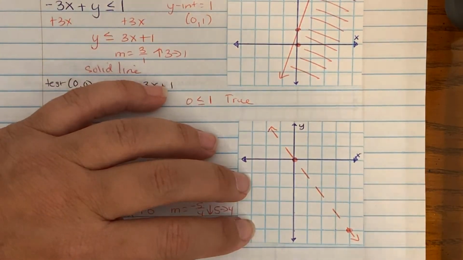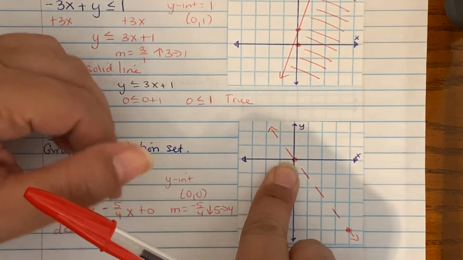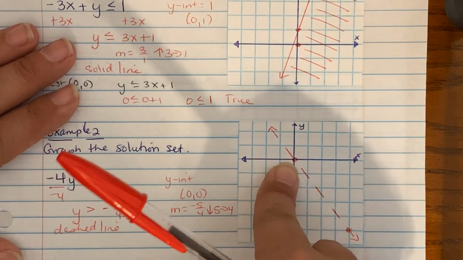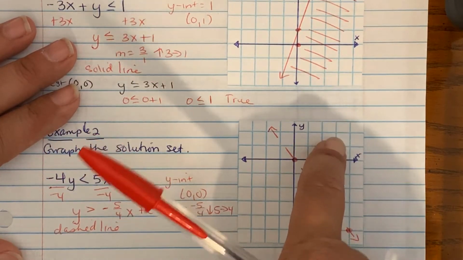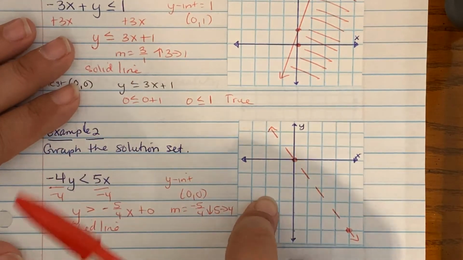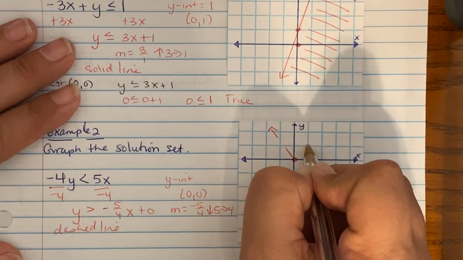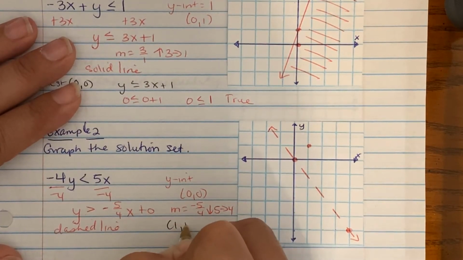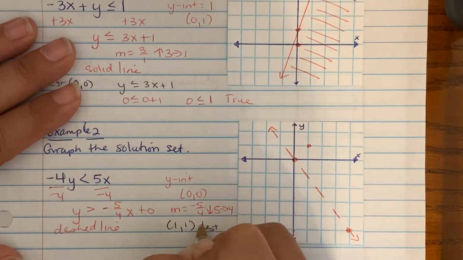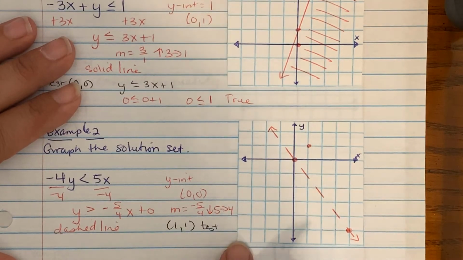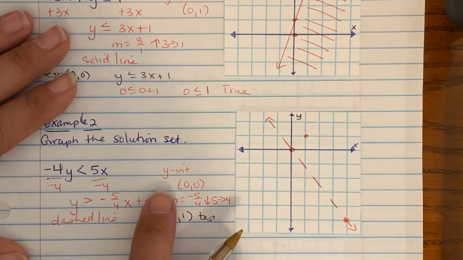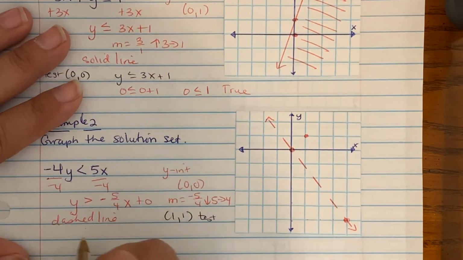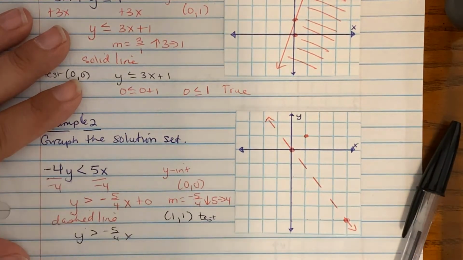Now, in this instance, it went through the origin. So I would suggest you pick a point either above it or below it. So I'm going to test the point positive 1, positive 1. When we plug that into the equation, y greater than negative 5/4 x, we plug in 1.